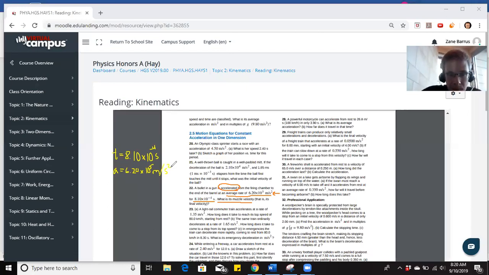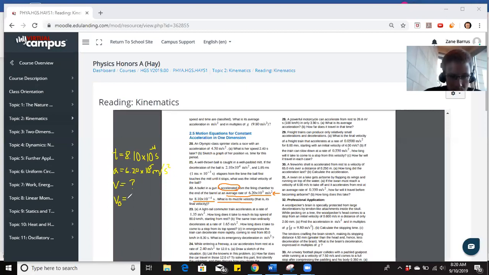Now, they're asking me what is the muzzle velocity, that is its final velocity. So they're asking us for V. That's what we don't know. Even though they didn't explicitly state it, we need to be worried about what the initial velocity was. What's our V naught in this case?